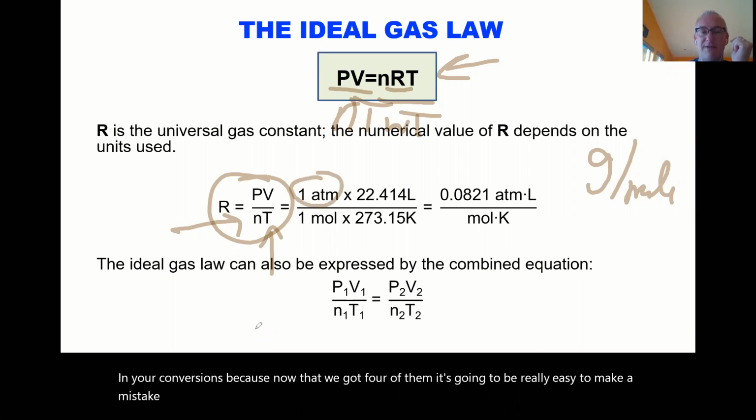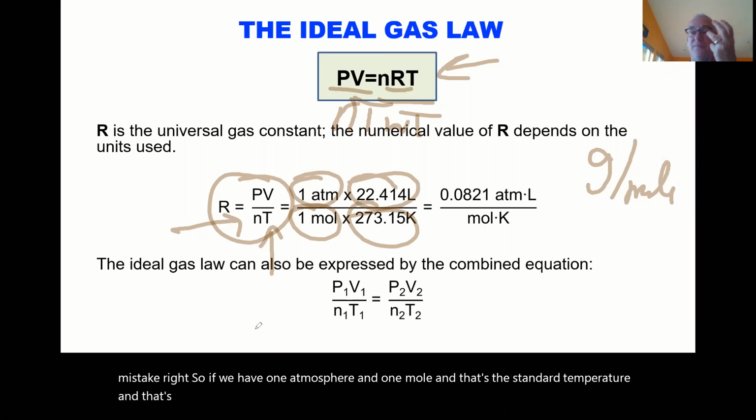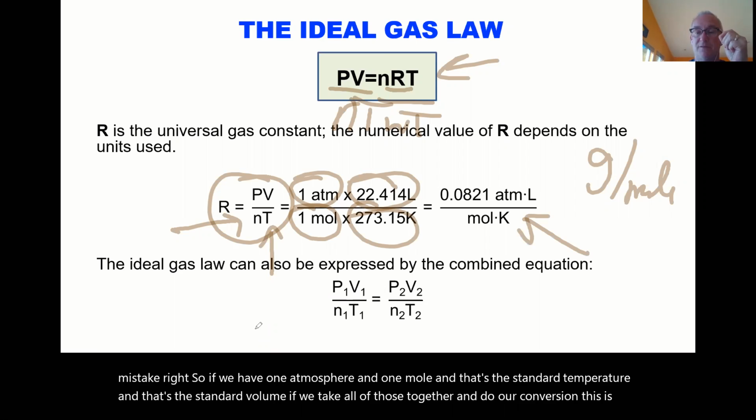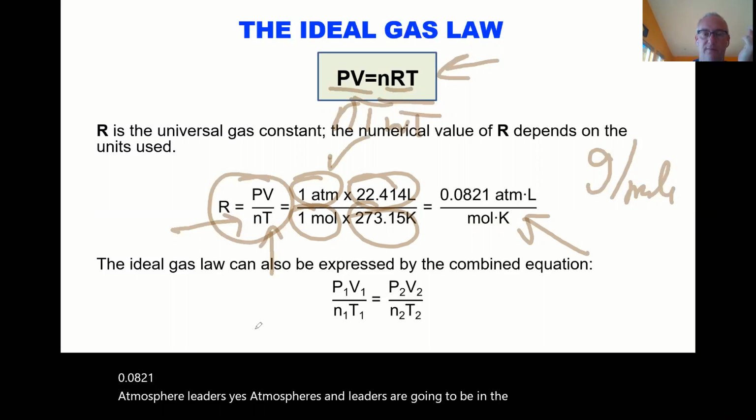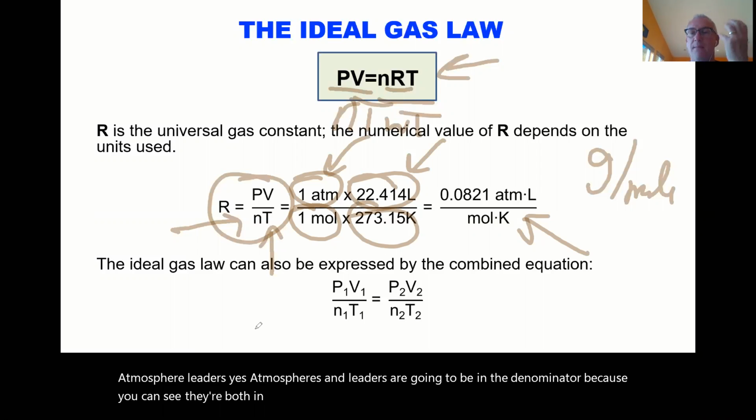So if we have 1 atmosphere and 1 mole, and that's the standard temperature, and that's the standard volume, if we take all of those together and do our conversion, this is the number we get. 0.0821 atmosphere liters. Yes, atmospheres and liters are going to be in the denominator because you can see they're both in the denominator. Moles and K for temperature are going to be in the denominator.